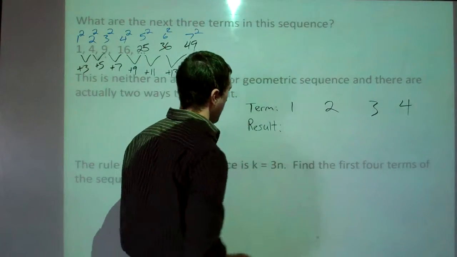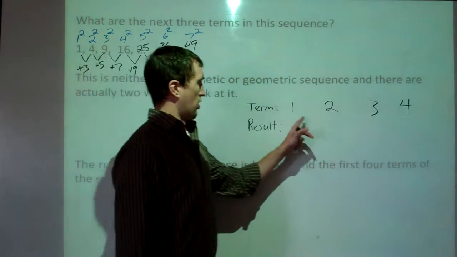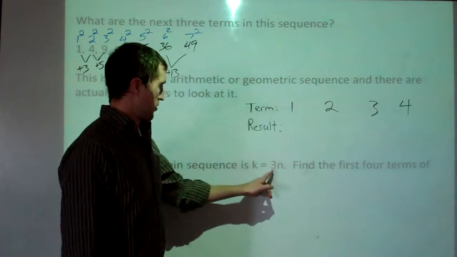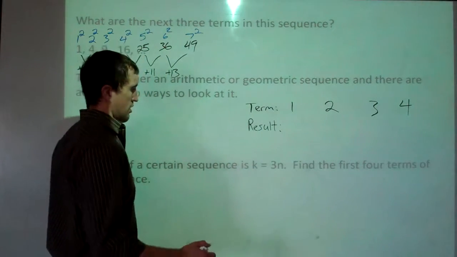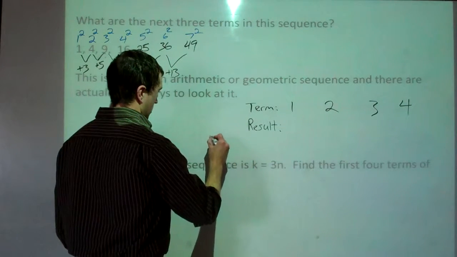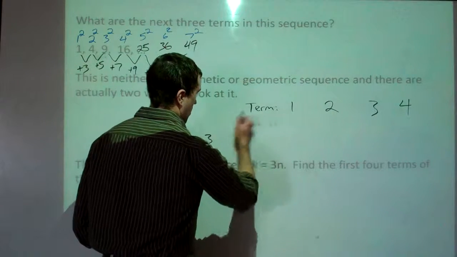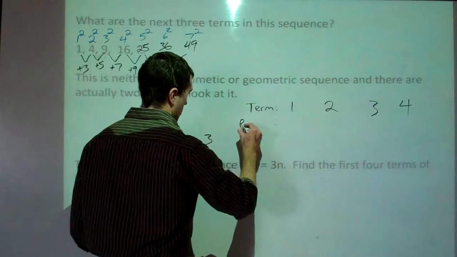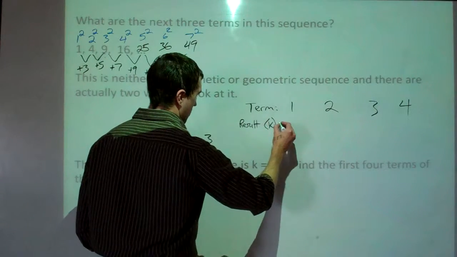Now all we have to do is take 1, 2, 3, and 4 and put those in for n. Alright? So if I put 1 in for n, I get 3. Here, let's make this result. Okay.